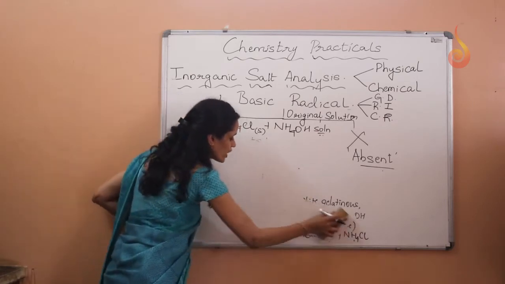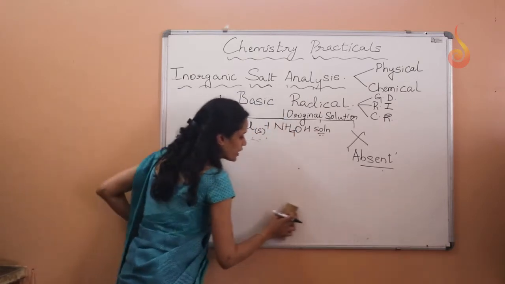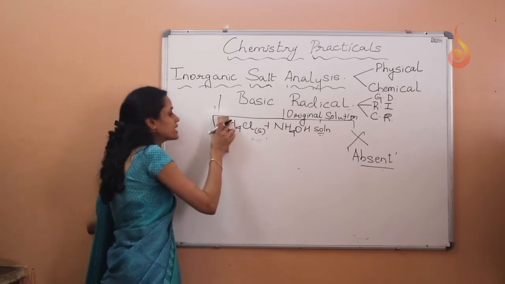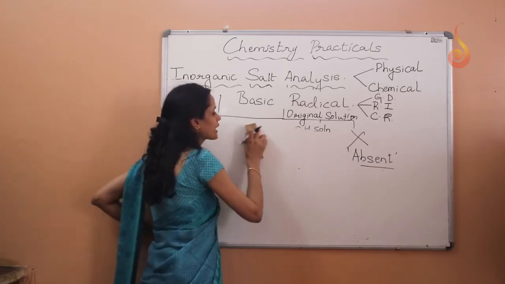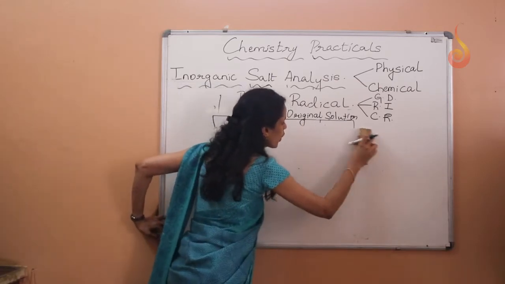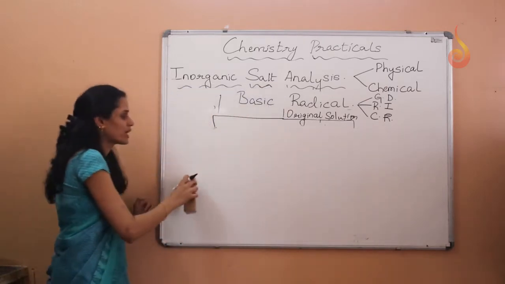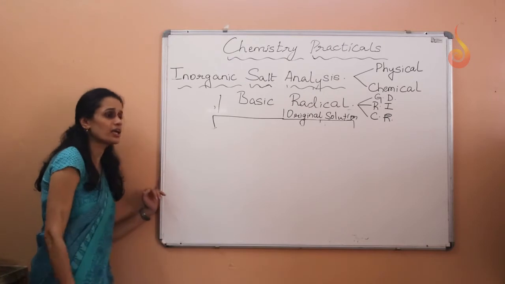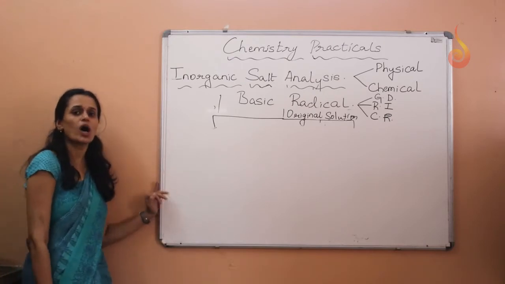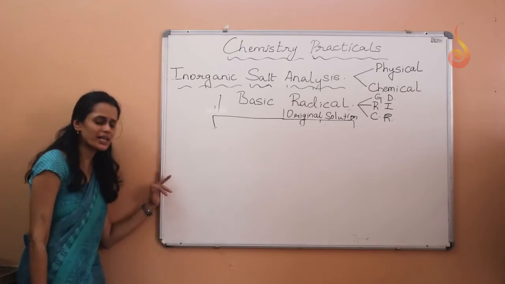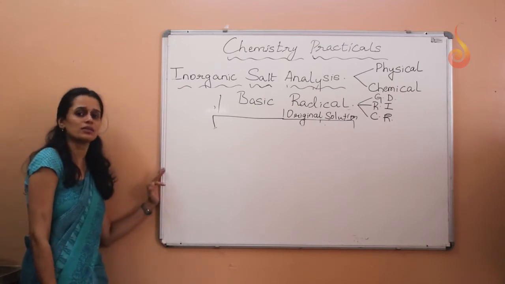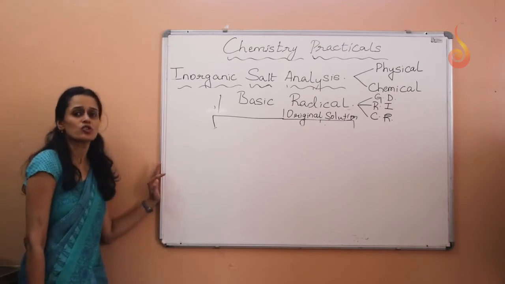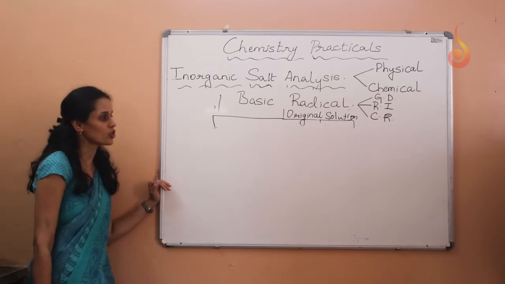So what we know: first, we were checking whether zero group basic radical is present. There was no liberation of gas, which indicated zero group basic radical was absent. Then next we prepare the salt solution depending upon the solubility of the salt.